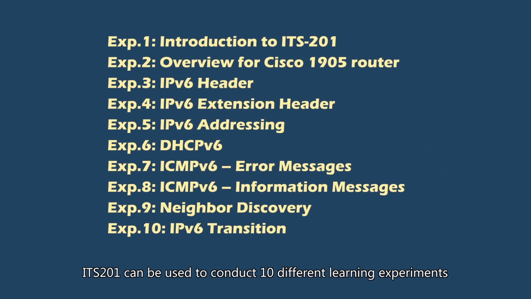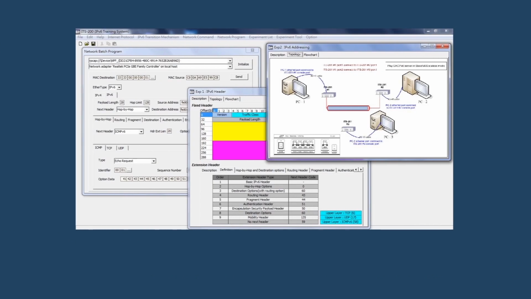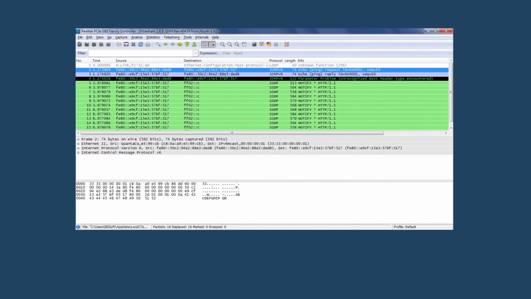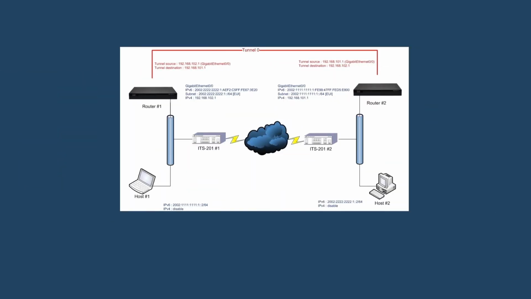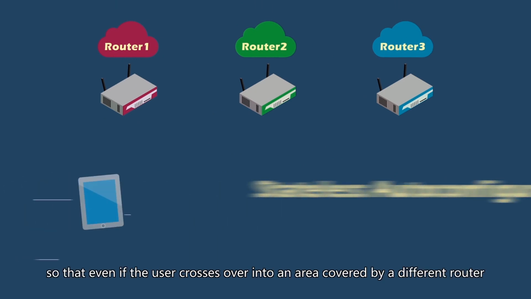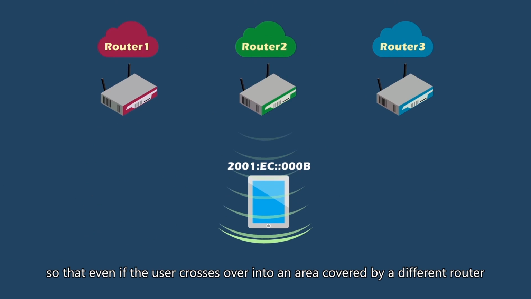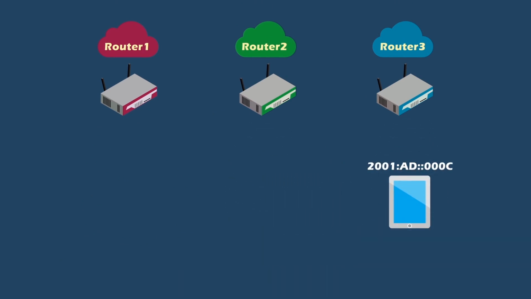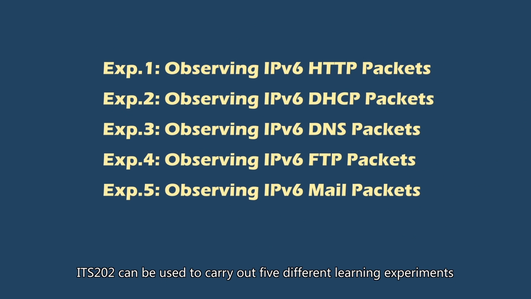ITS-201 can be used to conduct 10 different learning experiments. The web server provides stateless auto-configuration so that even if the user crosses over into an area covered by a different router, the transmission will continue. ITS-202 can be used to carry out 5 different learning experiments.